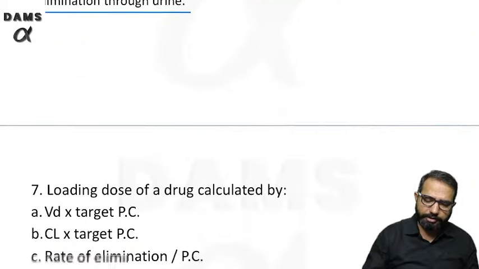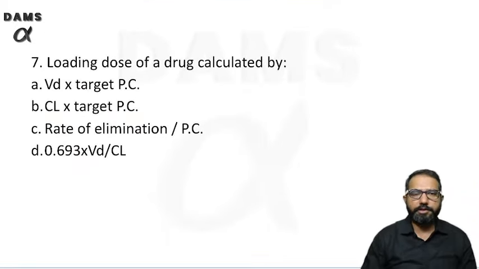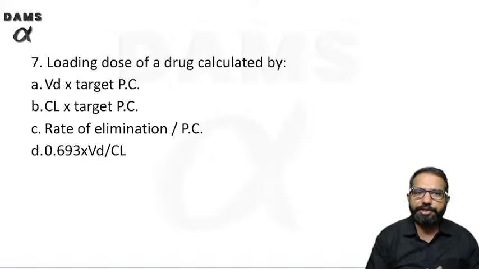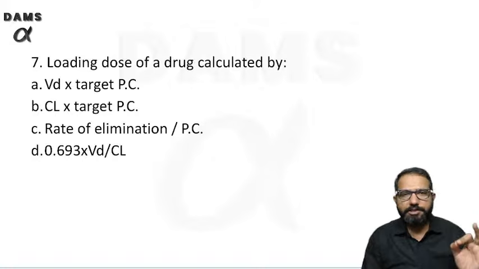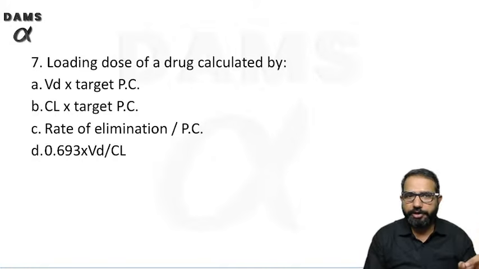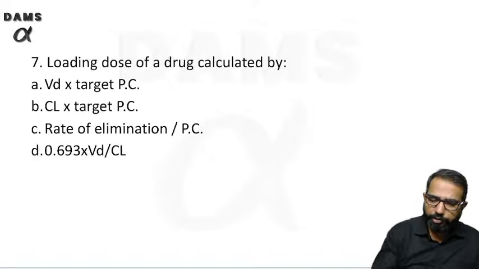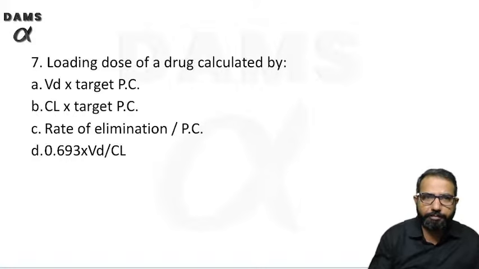Okay, let's see the next question. Very simple question. Loading dose of a drug can be calculated by loading dose. These formulas in general pharmacology, in pharmacokinetics, are very important. First is volume of distribution multiplied by target plasma concentration.